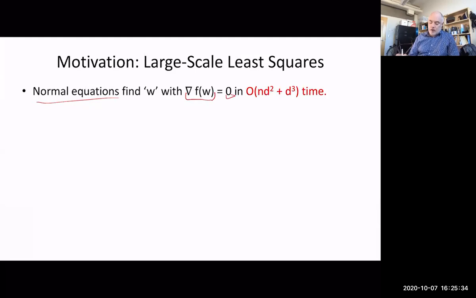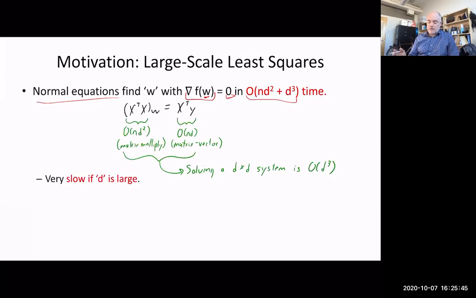And we can solve that for the w that makes this happen in O(nd^3) time, right? We went through this before, but basically when we set the gradient equal to 0, we have these normal equations, and then constructing X transpose X was an O(nd^2) operation, constructing X transpose y was an O(nd) operation, and then solving a d by d system is an O(d^3) operation, right?